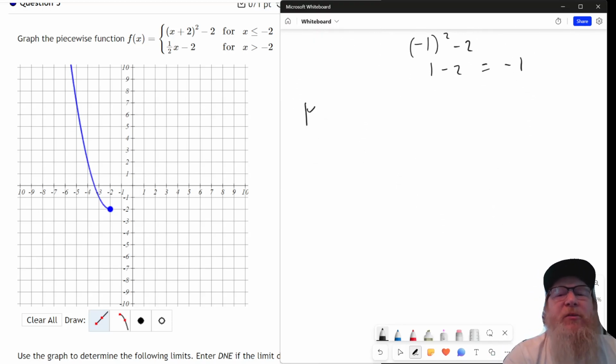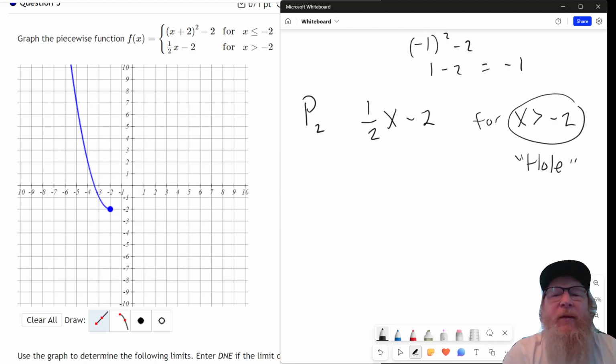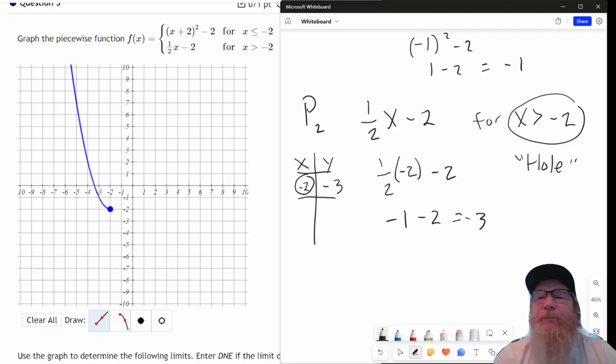So that'll be piece 2, 1/2 x minus 2. And this is for x greater than -2. So this will be the open hole. So I start with -2, plug it in, 1/2 times -2 minus 2 is -1 minus 2, which is -3. All right.